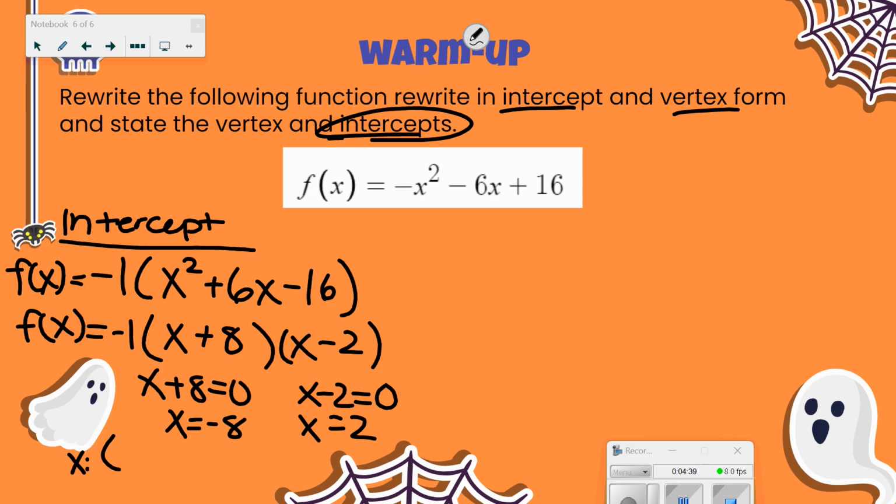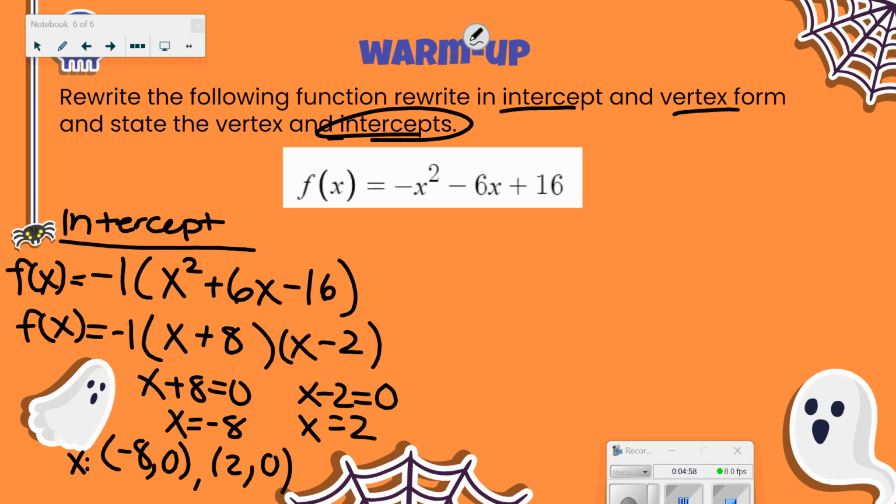That's how we write our intercepts. What would those look like as ordered pairs? -8, 0, and what's the other one? 2, 0, good job. Remember, if you have more than one point, no union, just a comma in between. Awesome job, so that's our x-intercepts.